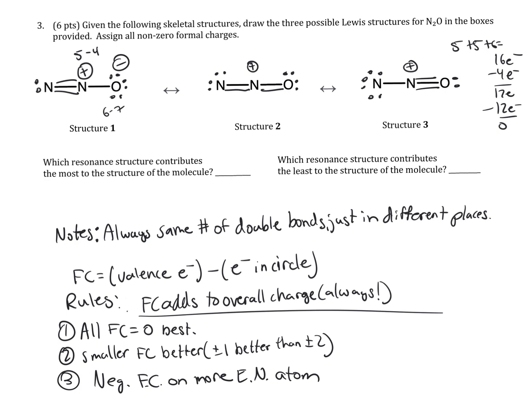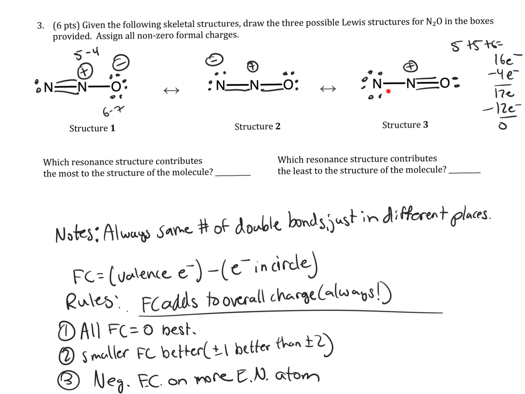Again, filling out the remaining formal charges. This nitrogen brought 5, but has 6 electrons around it. When I draw that circle, I would get a minus formal charge there. This oxygen brought 6, has 6 electrons in the circle, so a formal charge of 0.